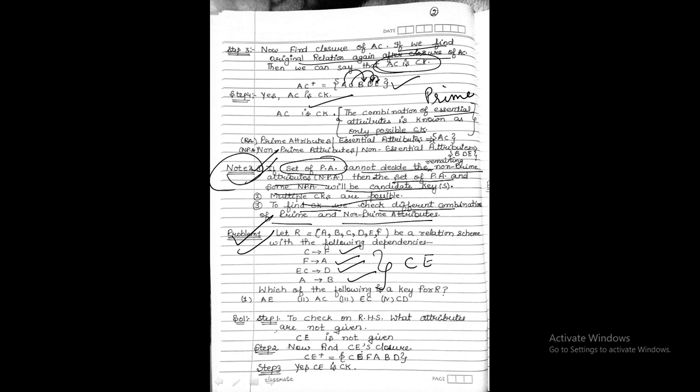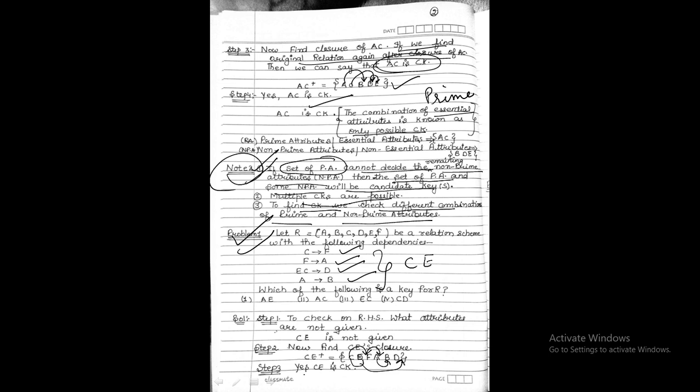If after finding the closure of CE we find the original relation again, then we can say that this is a candidate key. When we take the closure of CE: C implies F, F implies A, EC implies D, and A implies B. Now you can check that the closure of CE is the original relation.